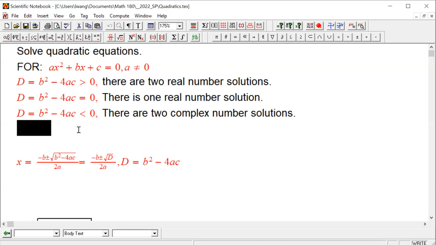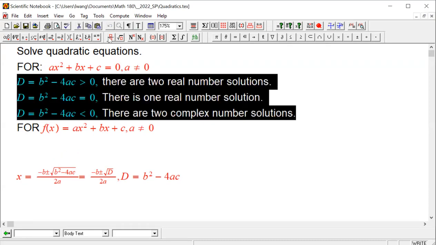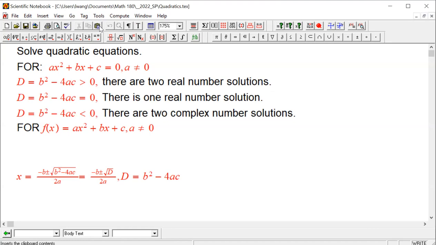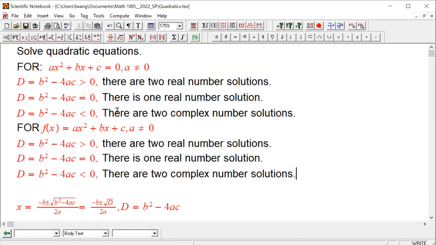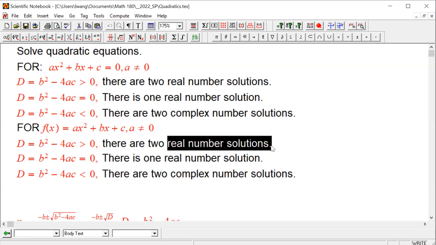In comparison, for quadratic function, which is just a function where a cannot be 0, these three cases have comparable conclusions. There are two X-intercepts.